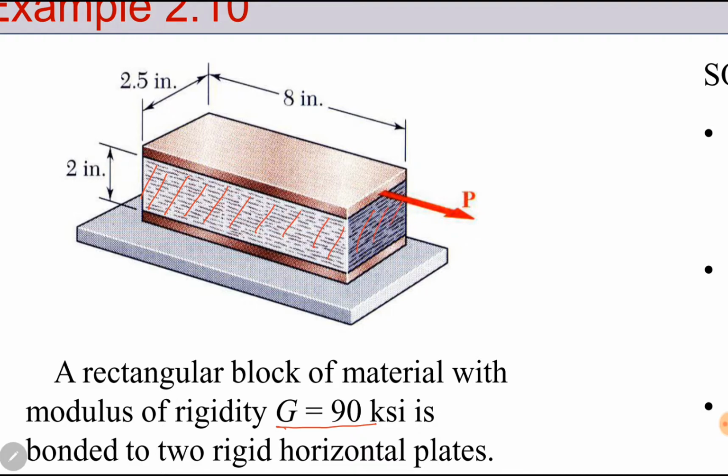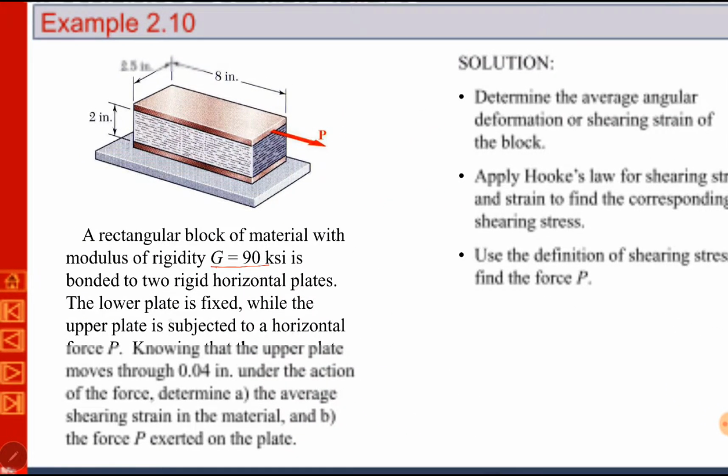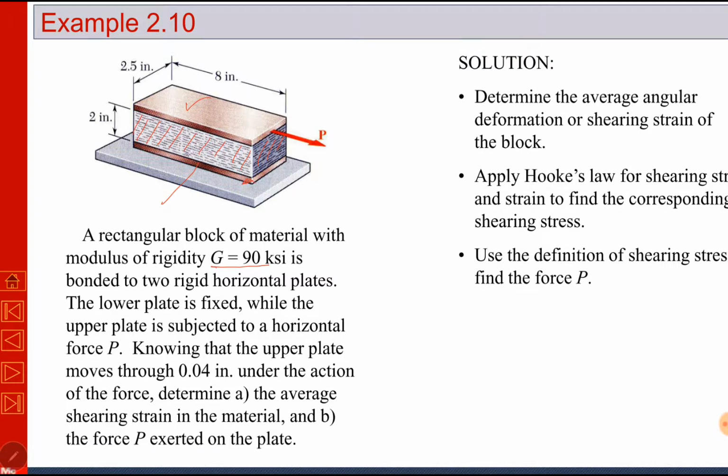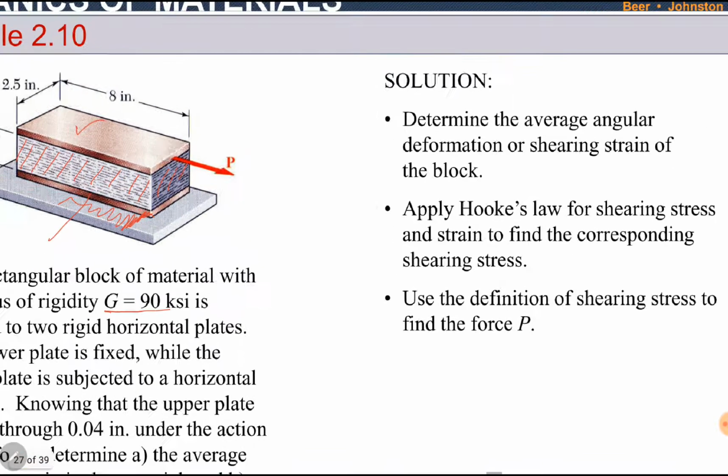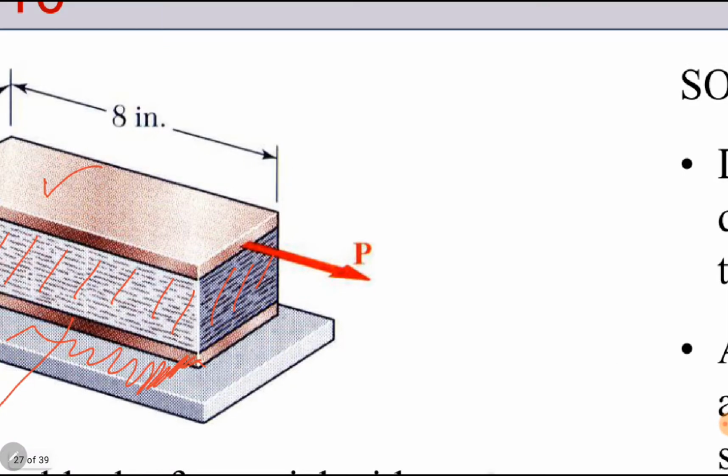It is bonded to two rigid plates, this one and this one, from the top and the bottom. The lower plate is fixed to the ground, while the upper plate is subjected to a horizontal force P.